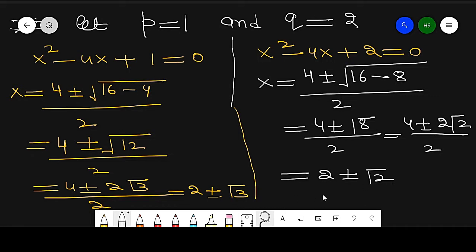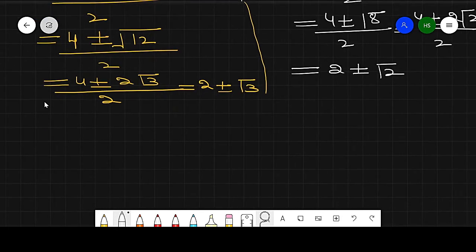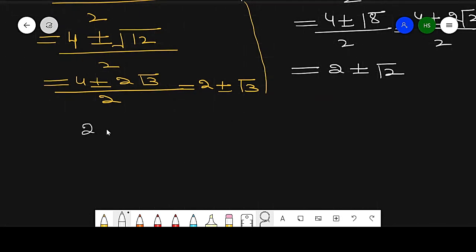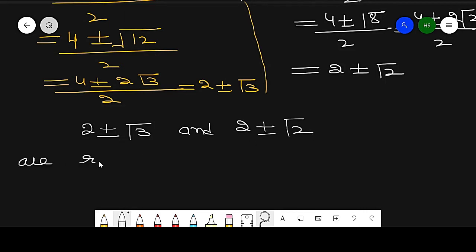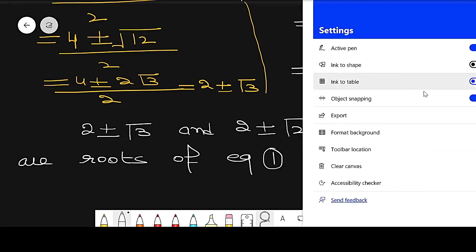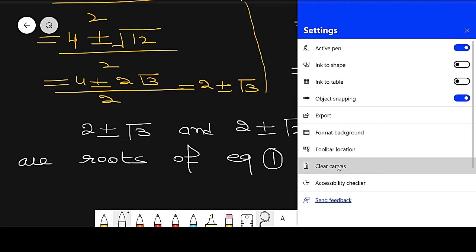These are the four roots of the given equation: 2 plus minus root 3 and 2 plus minus root 2. So in this way, we can find the roots of a biquadratic equation.